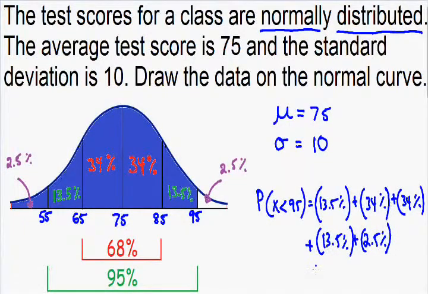And if we add all of those areas together, we get the probability of a student scoring below 95 is equal to 97.5%.